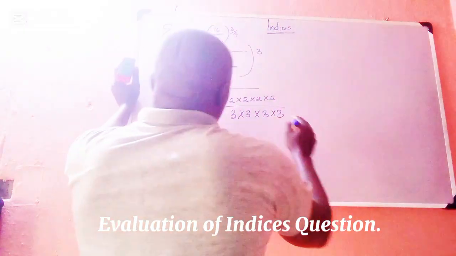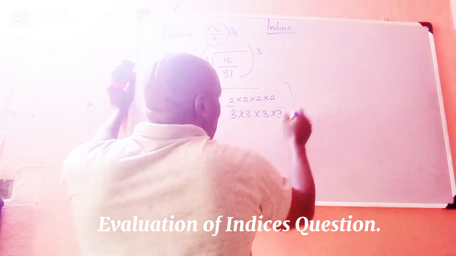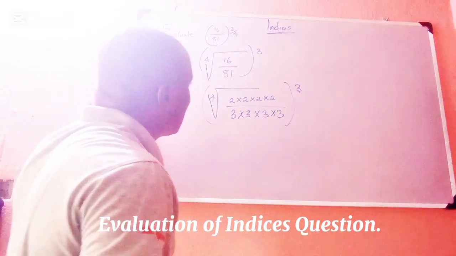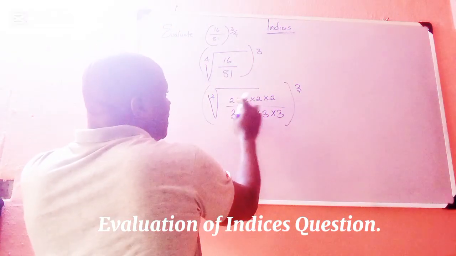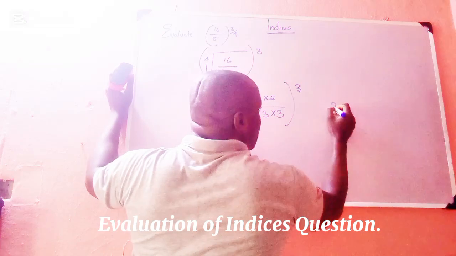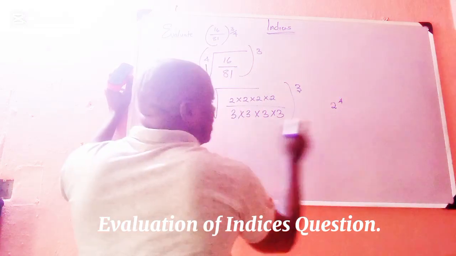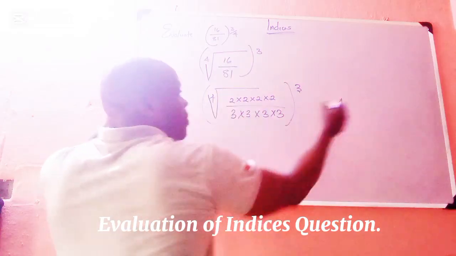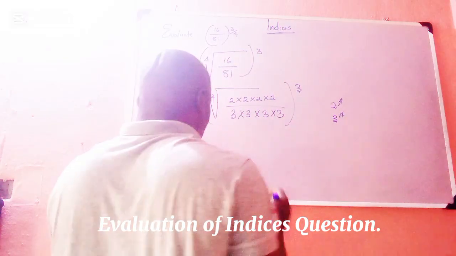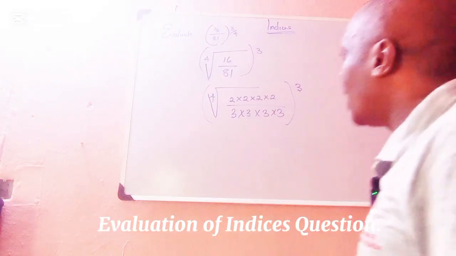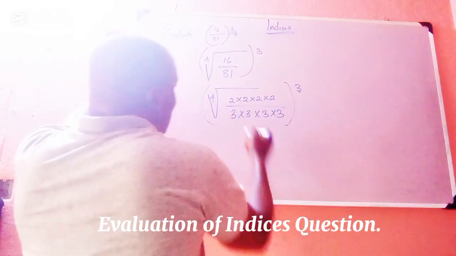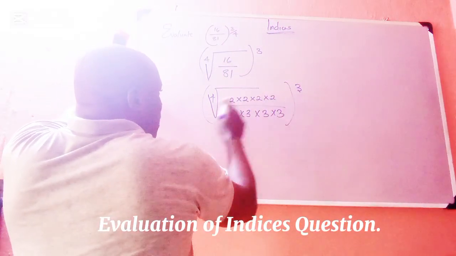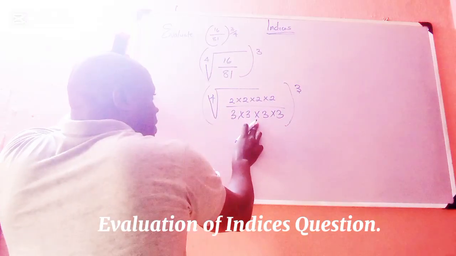So we put that in brackets, raised to the power of 3. At this moment, we can see that 16 is 2 raised to the power of 4, and 81 is 3 raised to the power of 4. So the fourth root will cancel out the power of 4. Now, the fourth root of 16 is 2 and the fourth root of 81 is 3.